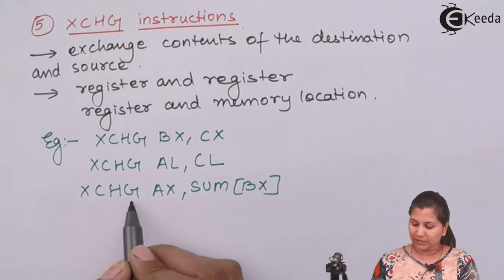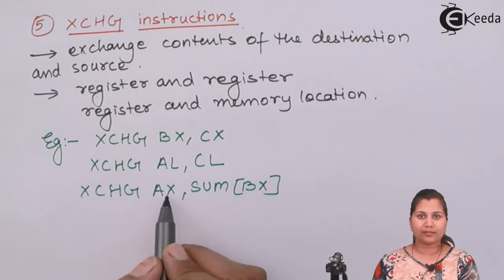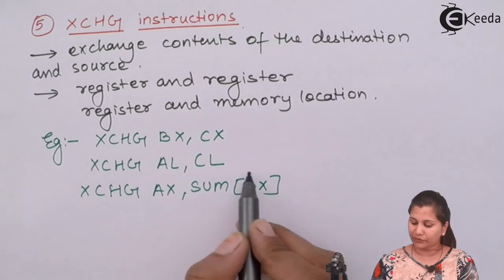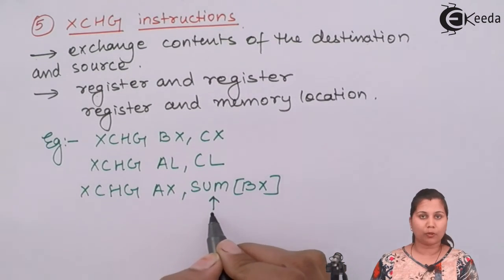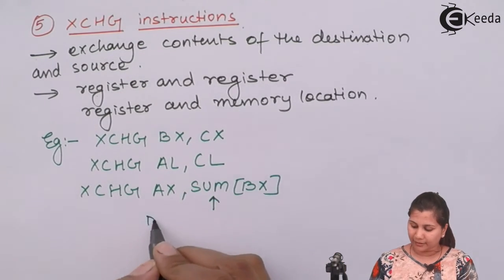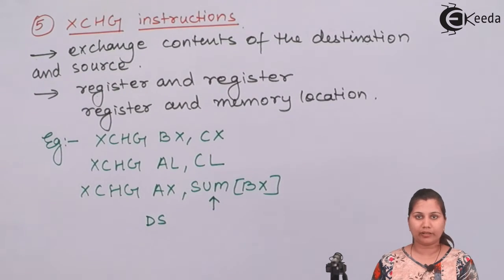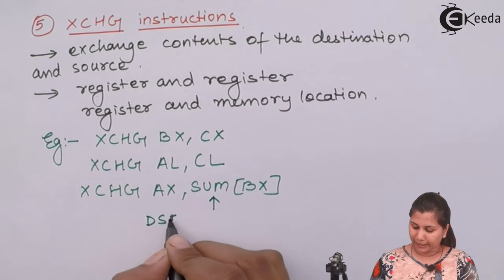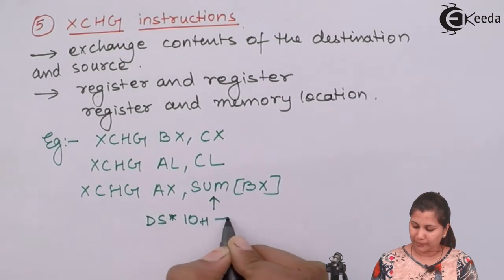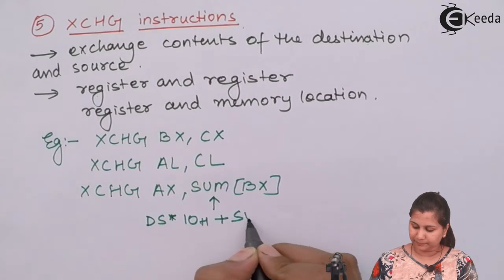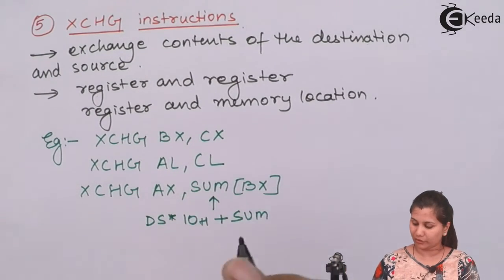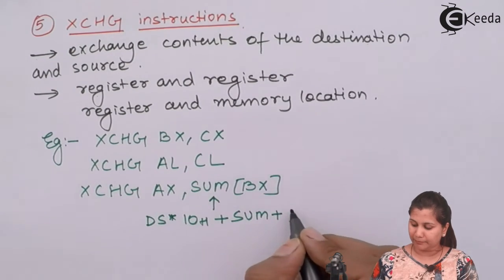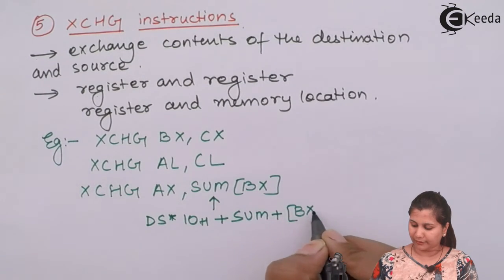Now here we have exchanged the contents of the AX register with the contents of this memory location. This memory location's address is obtained by adding the data segment address DS multiplied by 10H, plus the displacement provided in the instruction, plus the BX register contents.